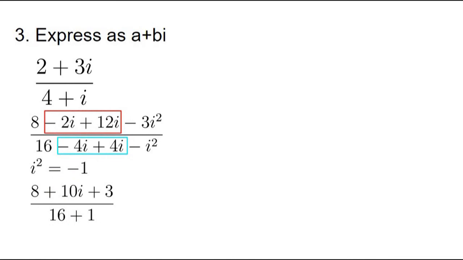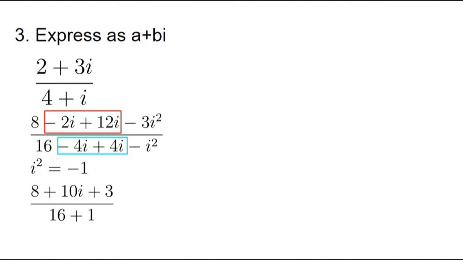So, doing so, on the top, negative 2i plus 12i would be 10i, and conveniently, on the bottom, negative 4i plus 4i should cancel out. On top, we again substituted that i squared, and now we have plus 3, and on the bottom, we have plus 1.